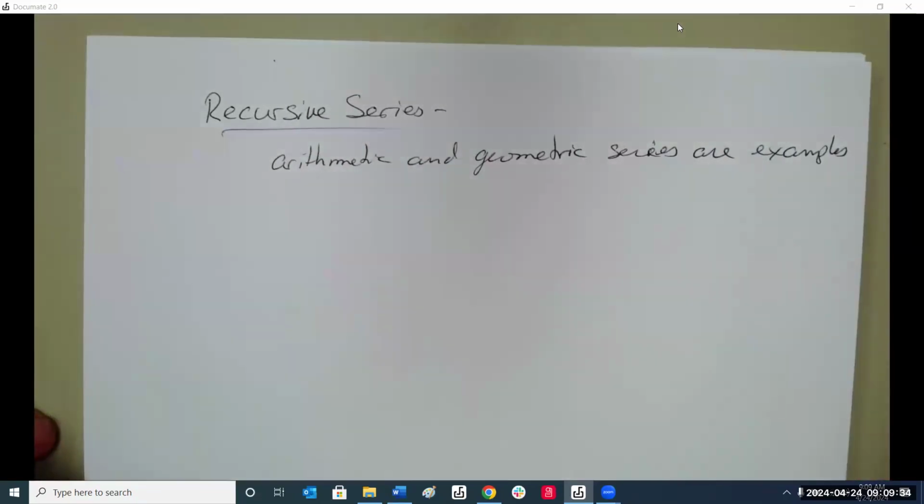Recursive series, arithmetic and geometric series are examples of them. It's where you use the previous answer to find your next answer.